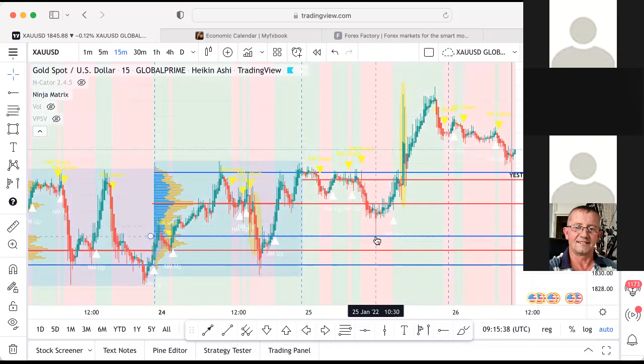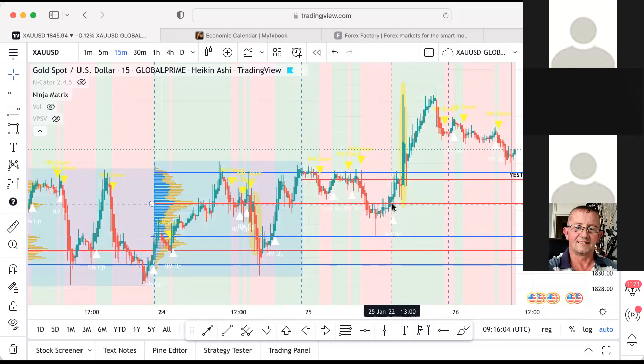Now, this is where you get into a discussion about whether to stay in the matrix. If you'd stayed in that trade following the matrix, you would have gained pips all the way down to there, but then you would have lost some pips when it went back up. If you stayed until it turned green, you would have got out at that point.